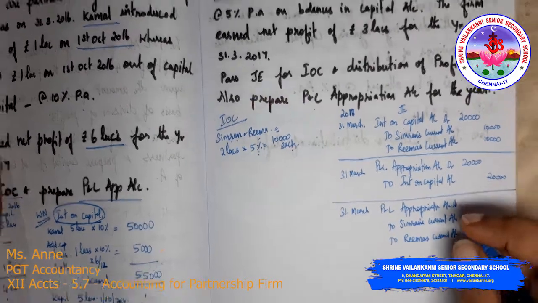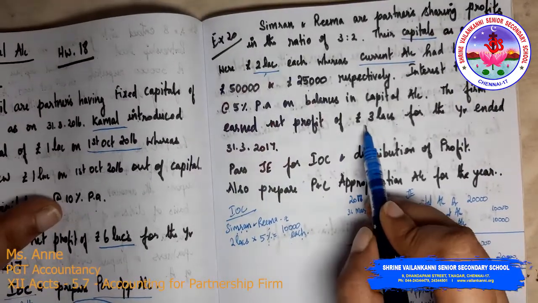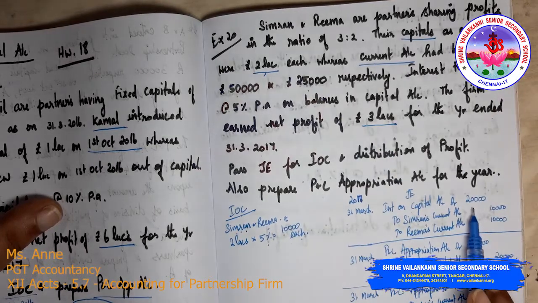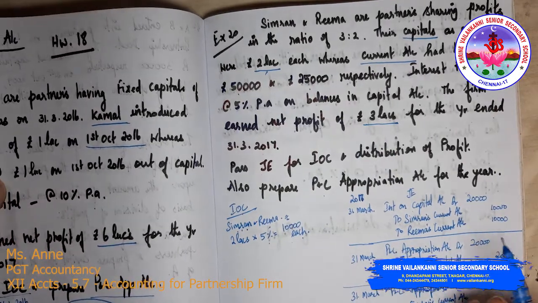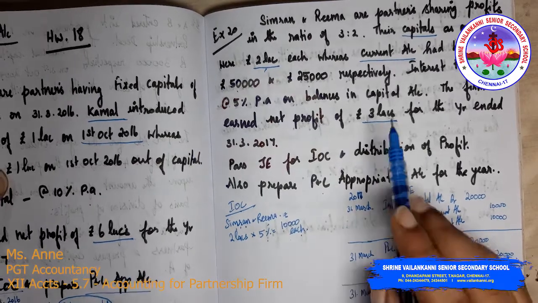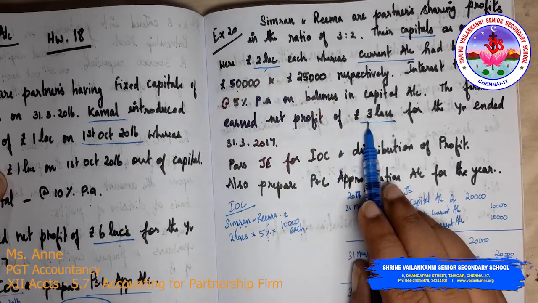If we calculate, the net profit given in the question is 3 lakhs minus 20,000, the interest on capital, which is the appropriation that is done. So if we minus this, we will get 2,80,000.